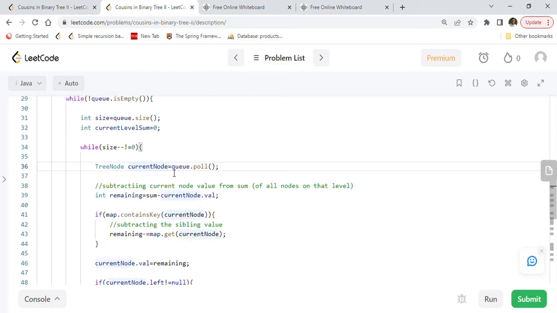You will keep polling the nodes from the queue. Poll will remove the front node, the head, from the queue. So you will get the current node. You will subtract that value from your total sum, the sum for the previous level basically. So sum minus current node.val will give you the remaining.